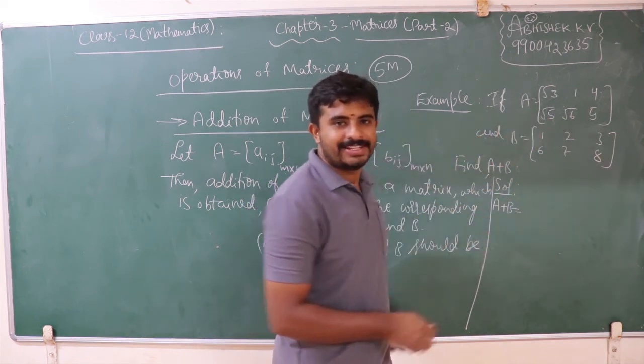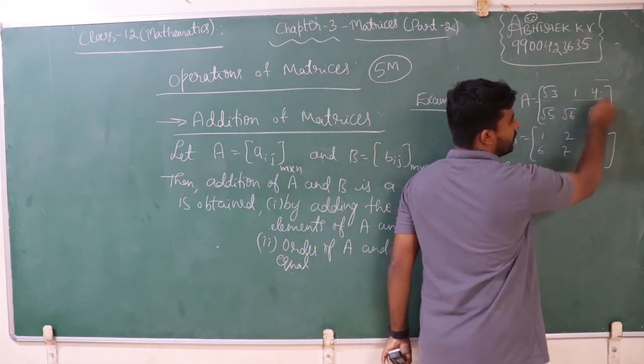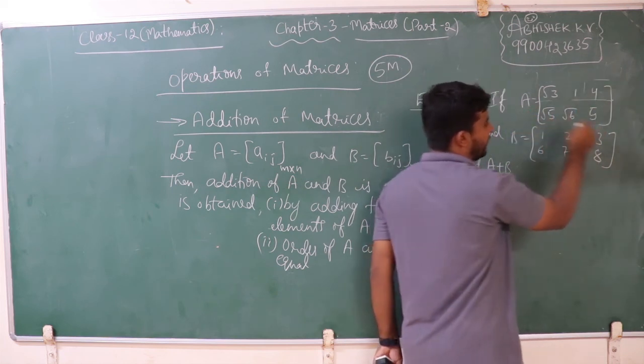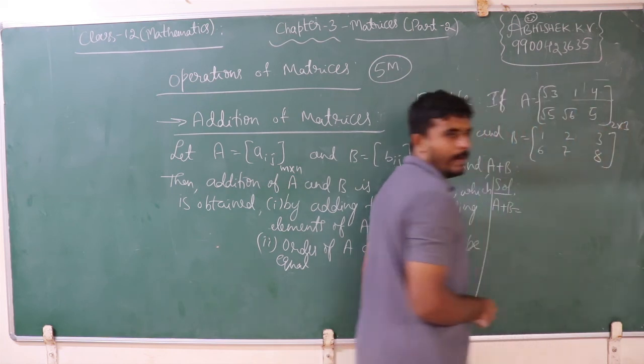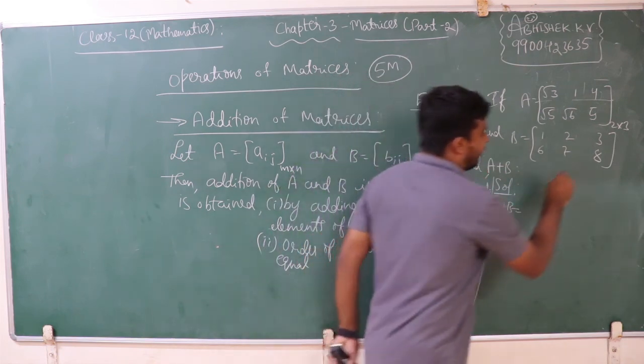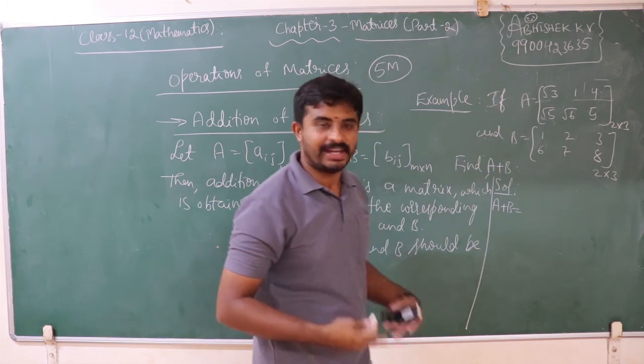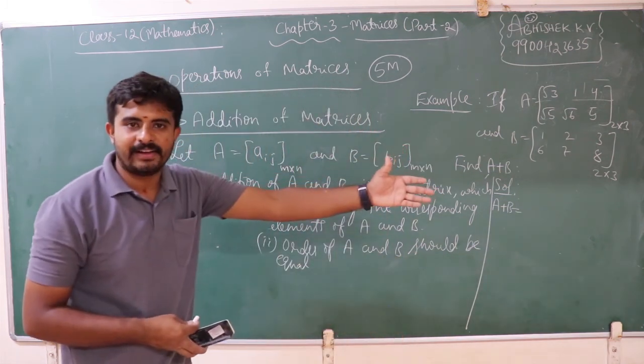See, what is the order of this matrix? First row, second row, first column, second column, third column. Therefore, matrix A is of order 2 by 3 and matrix B is also of order 2 by 3. Therefore, we are eligible to add those two matrices.